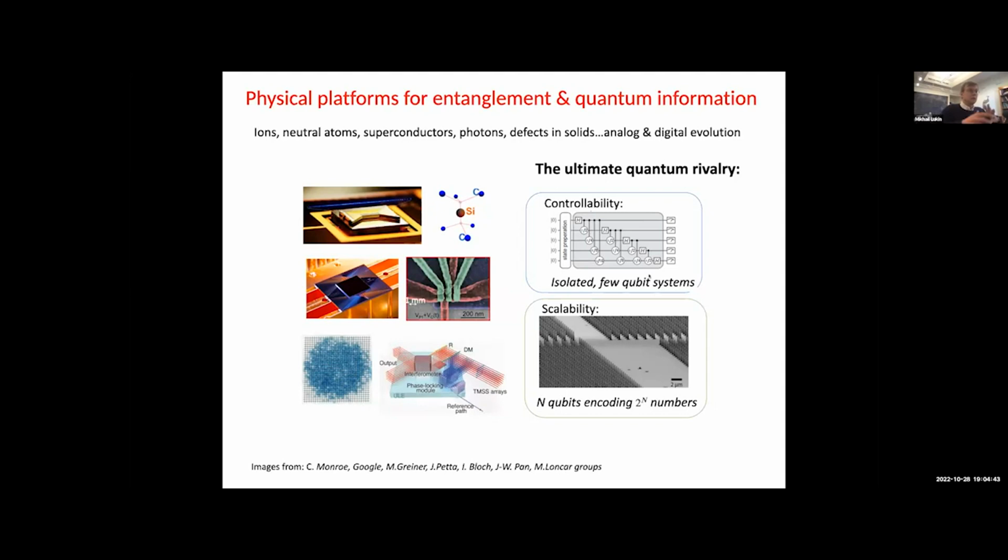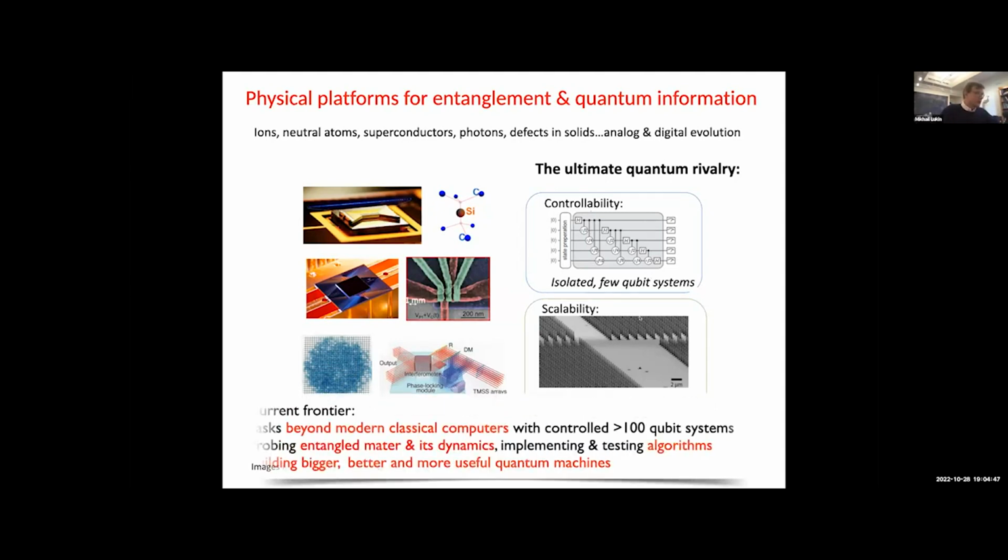Another one is scalability, where we would like to access and control large numbers of them. The current frontier is to do tasks which modern classical computers cannot simulate, and that, to me, involves systems of over 100 qubits. And as already mentioned, these systems are already being used to make discoveries, to perform scientific experiments which you cannot simulate classically.